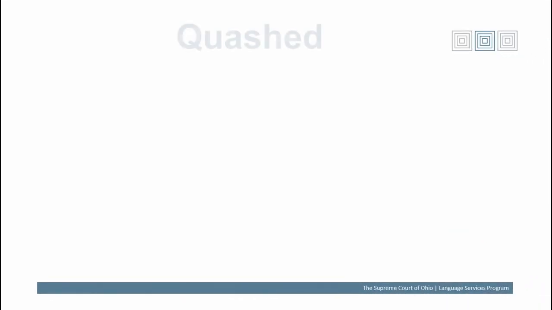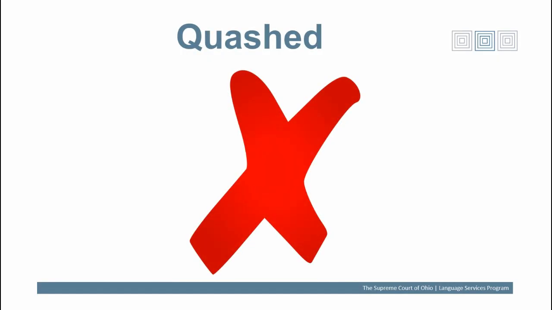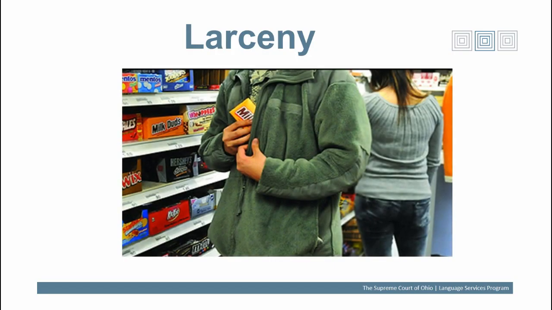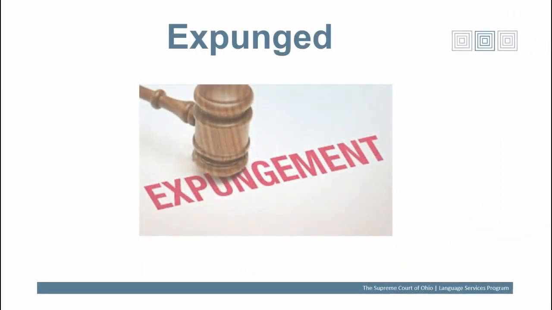Quashed. To quash means to overthrow, to vacate, to annul, or make void. Larceny, stealing or theft. Expungement means an official and formal erasure of a record or partial contents of a record.